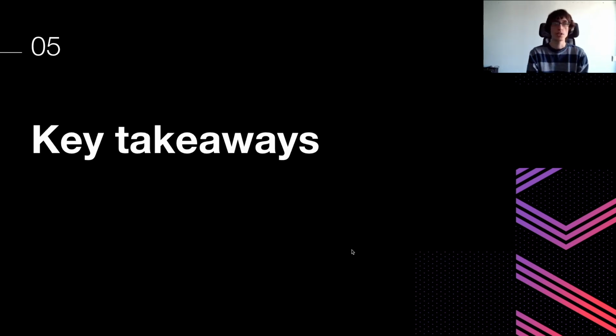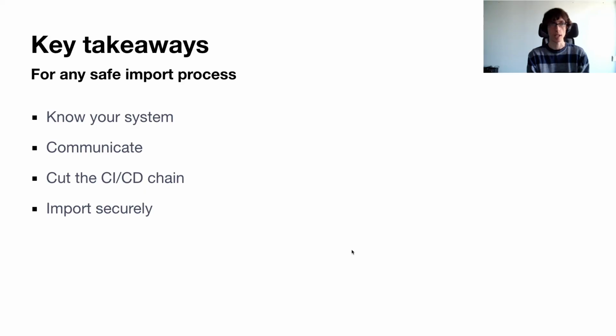I want to give you some key takeaways from today. For any safe import process, you want to know your system. You want to know what you're working with. You want to know the game. Once you know your system, you know your environment, you know which changes apply where. You want to communicate. You want to tell your teammates. You want to do this process in a moment that is not critical for the organization.